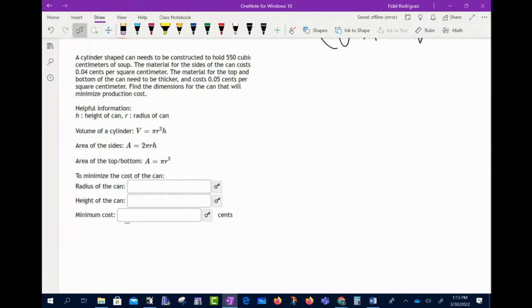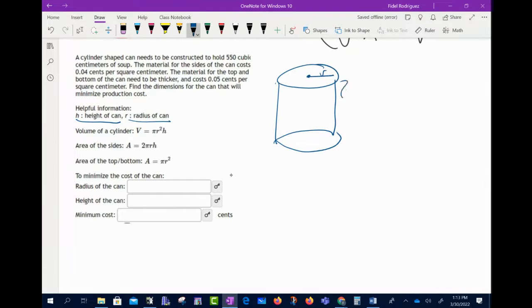Okay, so one of the nice things about this particular problem, y'all, is they're telling us here's the height of a can, here's the radius. So I'm just going to draw a very simple picture of my can. Looks pretty rough, but you kind of get the idea. Here's my radius, and there's my height, right? And we have soup, because that's what they're telling me we got here.